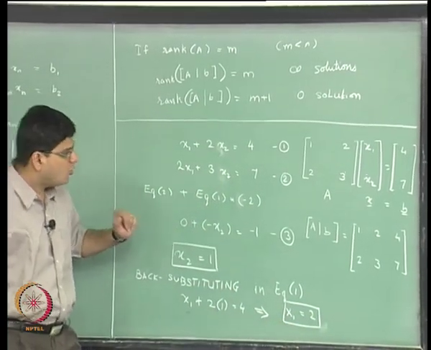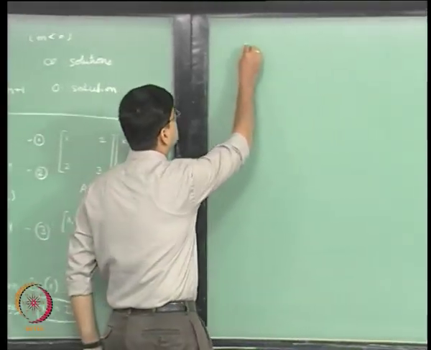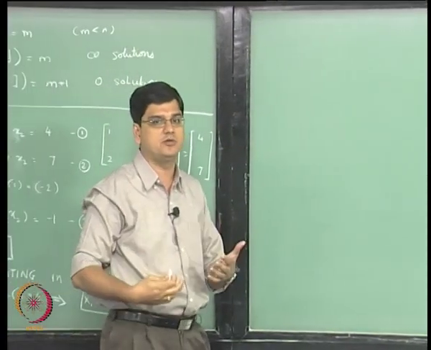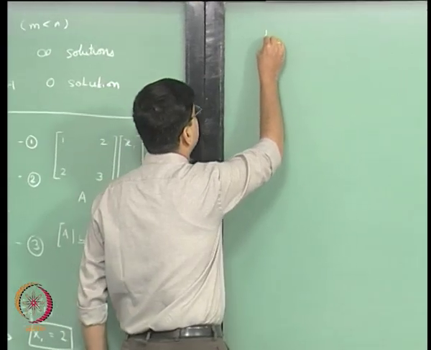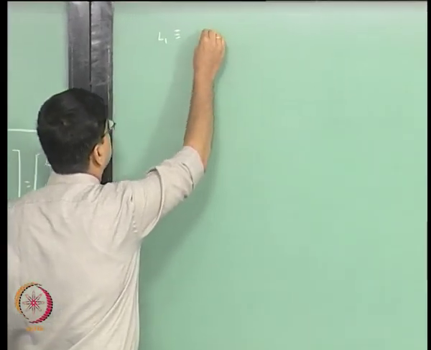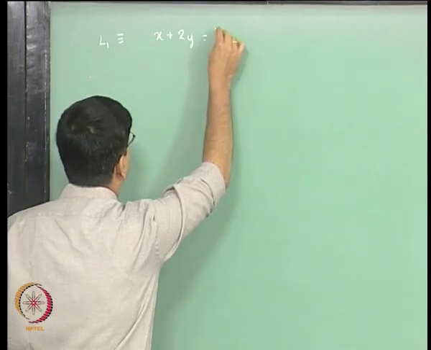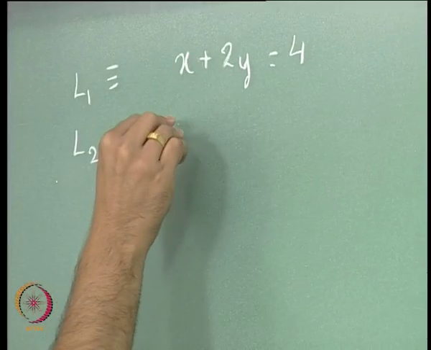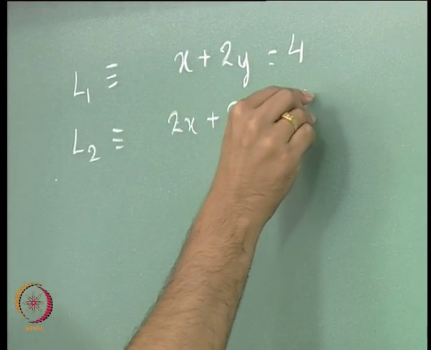Okay. So, what we actually did was this: we had equation 1, which let us again go back and think about it from a geometrical perspective. Equation 1 represented a line. So, let me call that L1, which corresponds to x plus 2y equal to 4, and let us talk about the line L2, which corresponds to 2x plus 3y equal to 7.